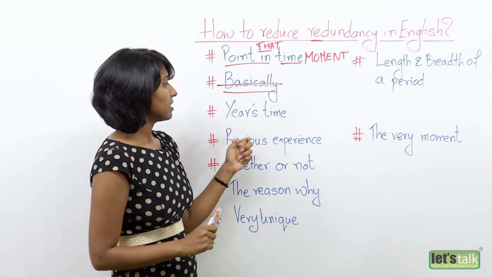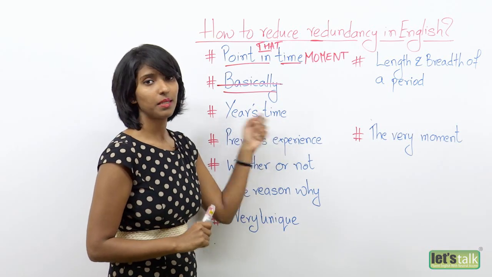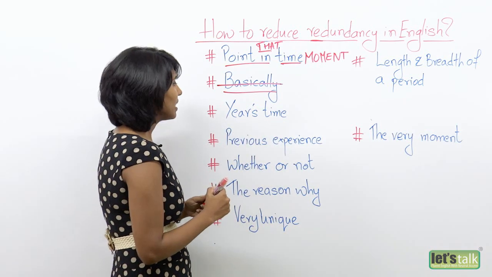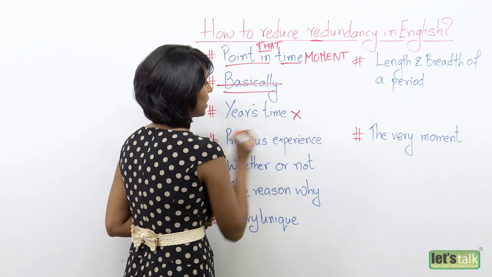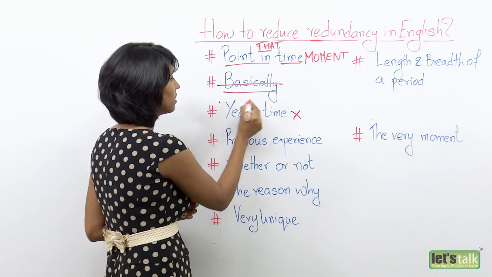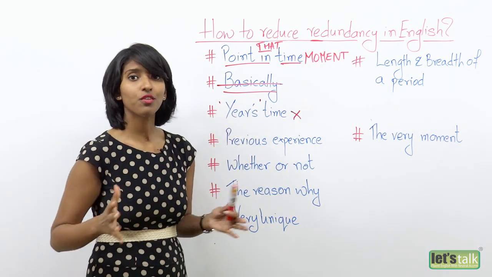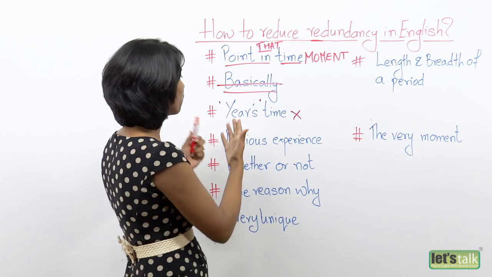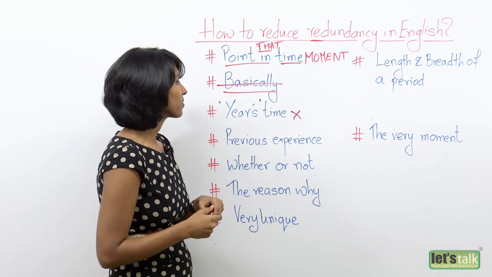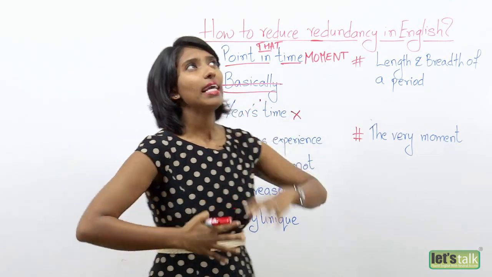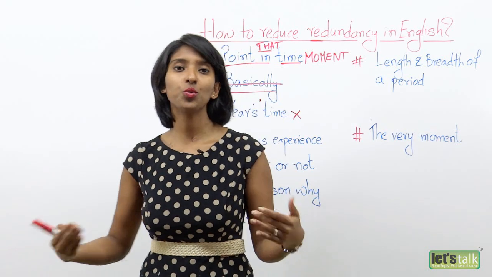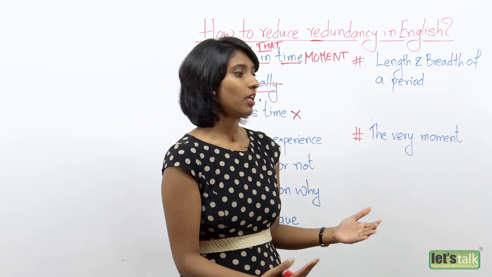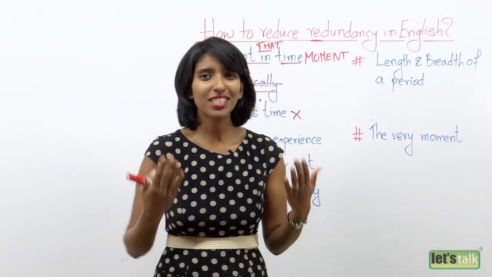The third one is a year's time. This is grammatically incorrect because a year is already a period of time. It consists of 365 days. So when you say, in 10 years' time, you will see the city developed, it's actually wrong.